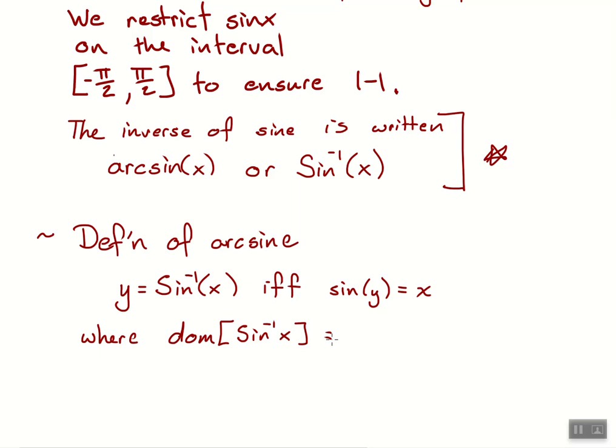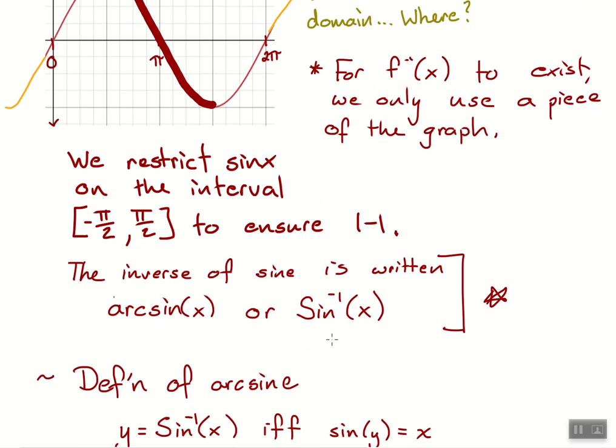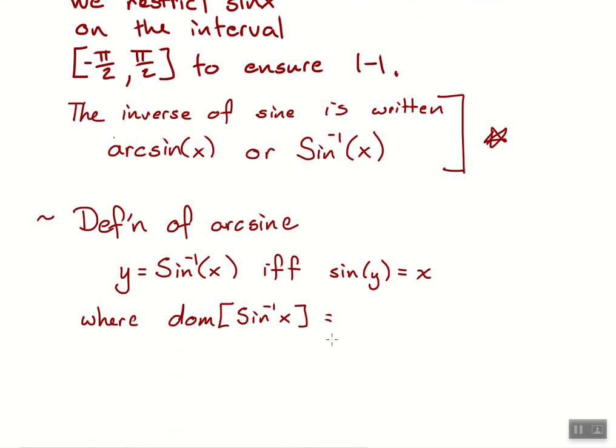Wherever we decided to cut our sine function when we looked at the graph, what do the y values range from? What's the lowest y value that shows up on this? -1. What's the biggest y value? So the range of this function is -1 to 1. That means the domain of its inverse ought to be -1 to 1.